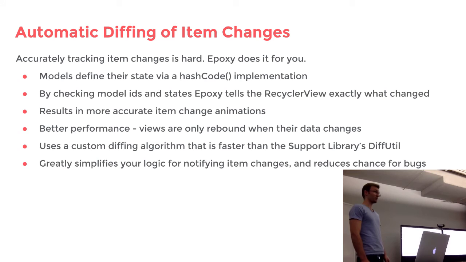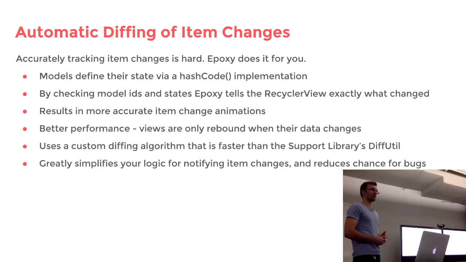And I always thought it'd be cool to do data changes automatically too, but that's obviously much harder because you have to know when an item changed, and that's tricky to figure out. And we solved that by having each model implement hashCode. And so the photo model would implement hashCode and just hash the URL.